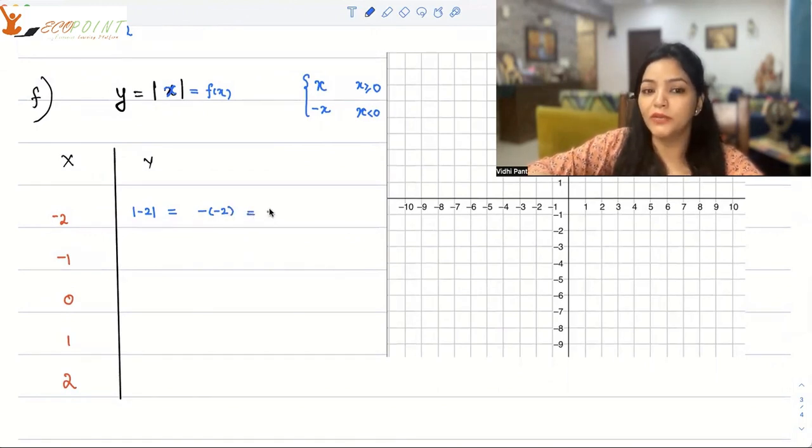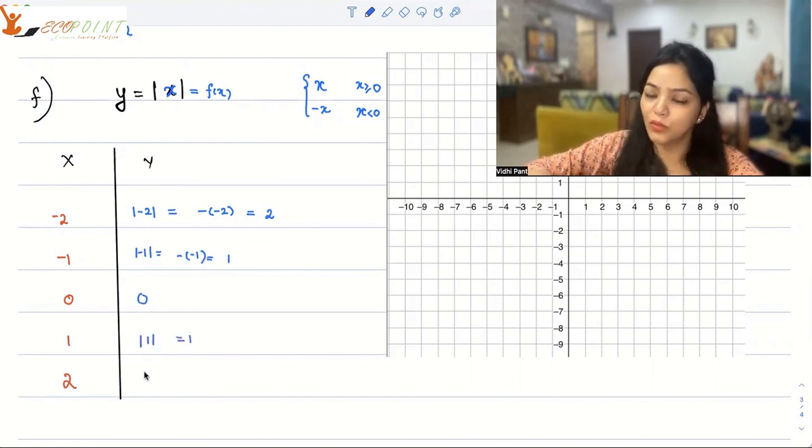So minus of minus 2 will give you the value 2. The absolute value is just the positive quantity that matters. Negative or positive number, we are not bothered about the sign, just the value. Similarly, minus 1 would be minus of minus 1, that is 1. 0 will give you 0. Absolute value of 1 is just 1. Absolute value of 2 is just 2.